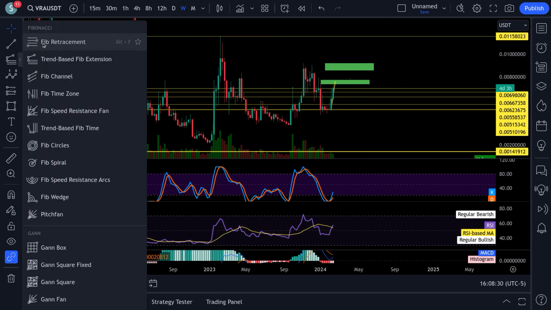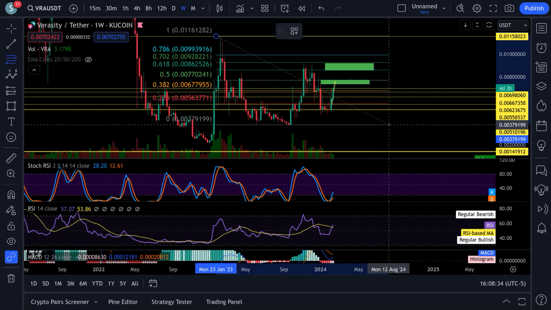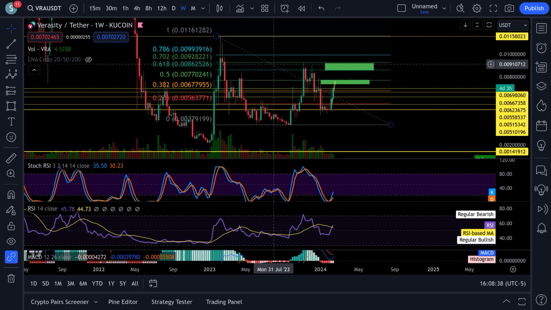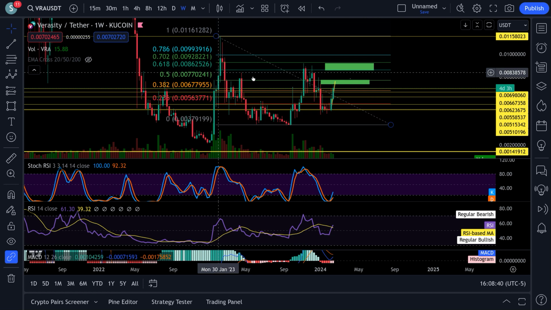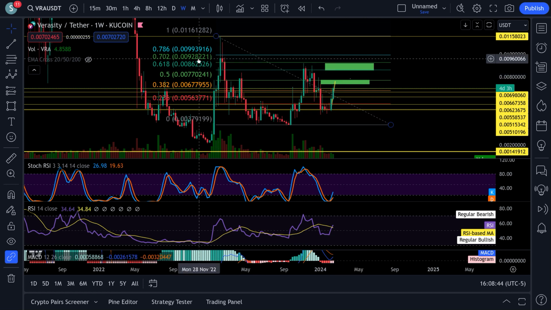That would be off of this area right here. See how that lines up right in the 618 and 702 right here. 618, 702, 0.0086. That's right here, and your top level at 0.0092. That's what we're shooting for.